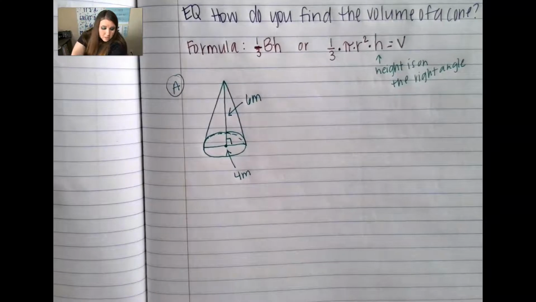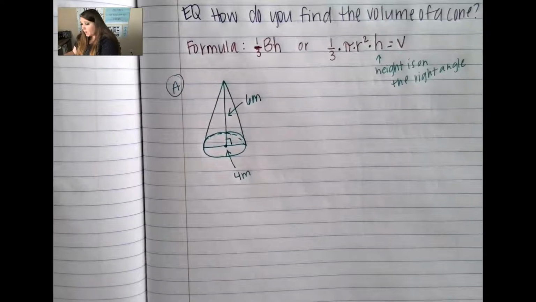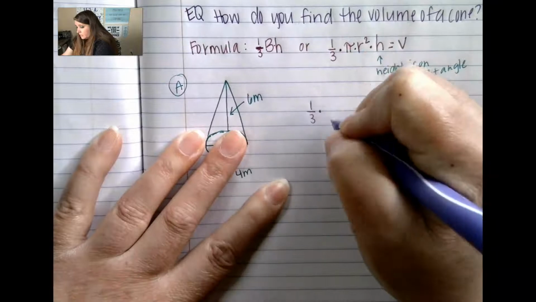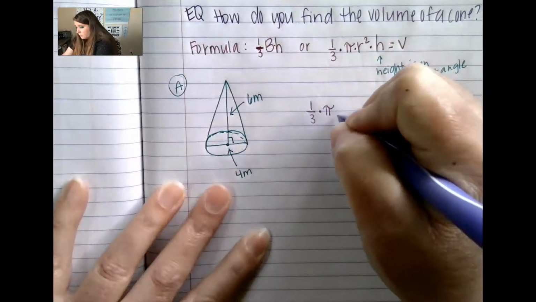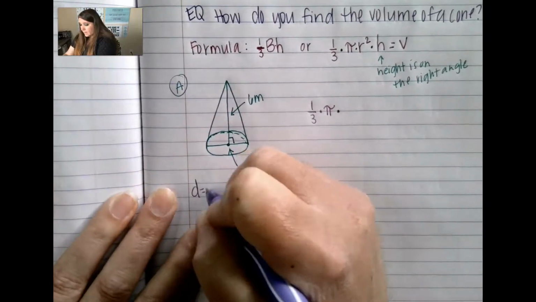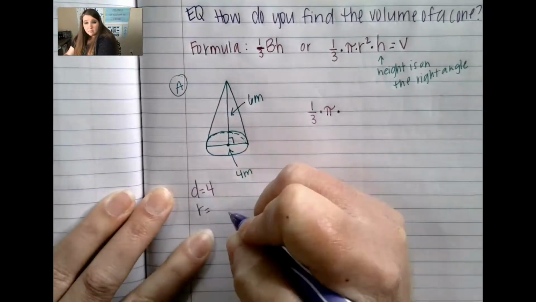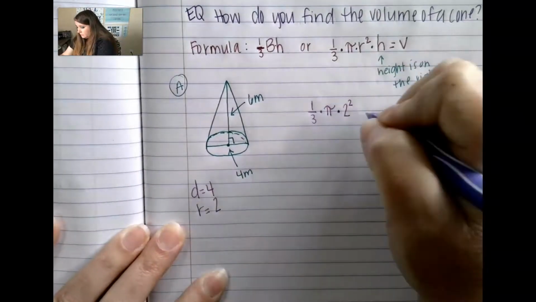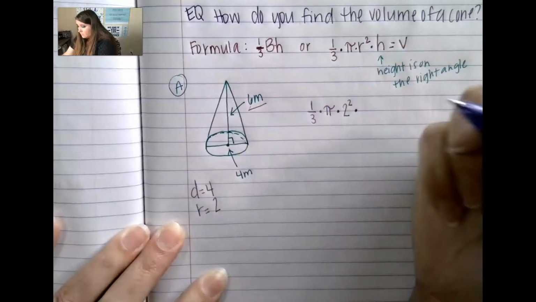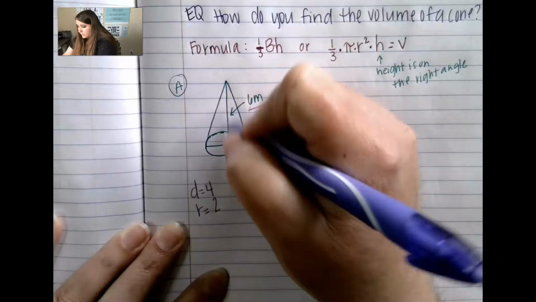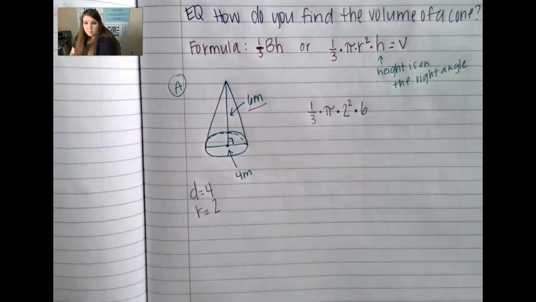We will always use 1/3, and we will always use 3.14 for pi. So we're going to have 1/3 times pi, or 3.14, times r squared. Right now the diameter is 4, so our radius is going to be 2. So we're going to have 2 squared times this height right here, which is 6. And height is on this right angle here, where the point of the cone comes.